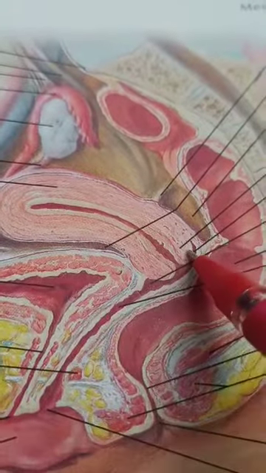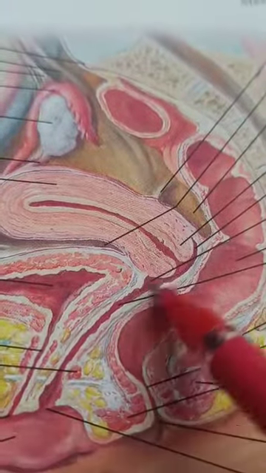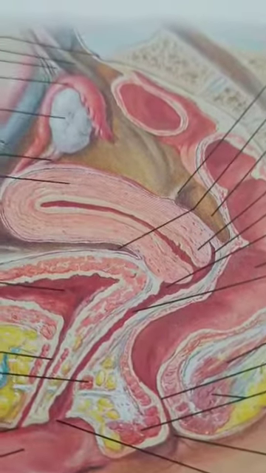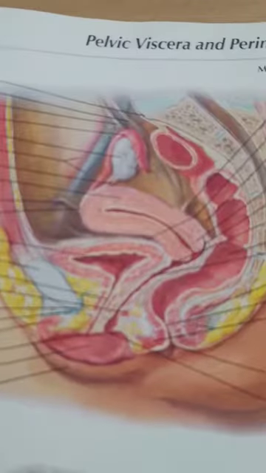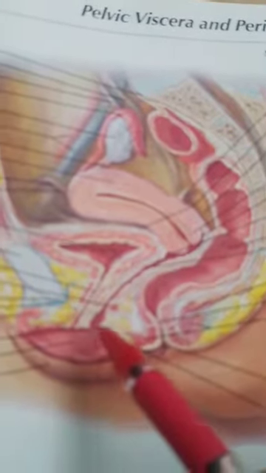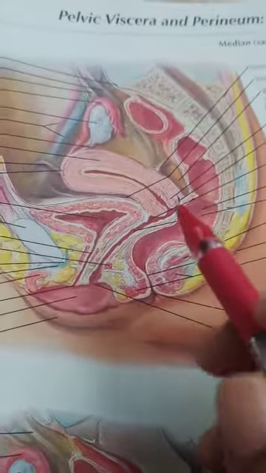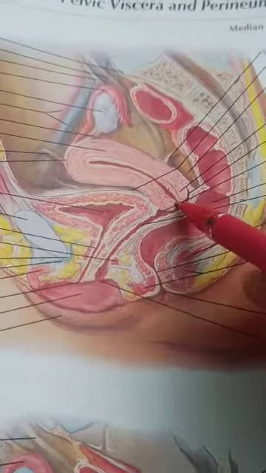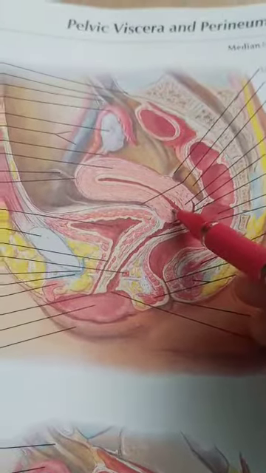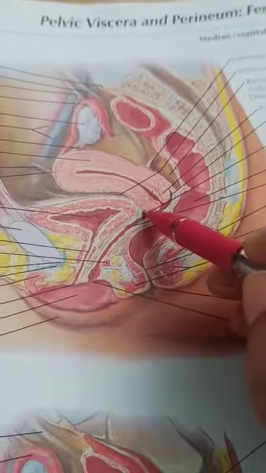The long axis of the uterus forms a 90 degree angle with the long axis of the vagina, and this is known as the angle of anteversion. So this is the normal angle, that is 90 degree.